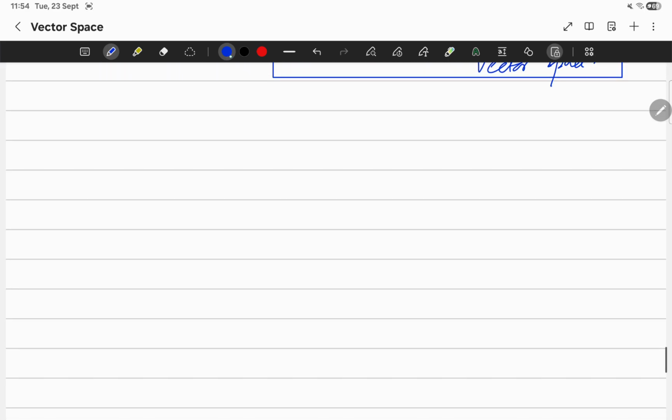Okay, let's take another example. R over R with usual addition and multiplication is a vector space.